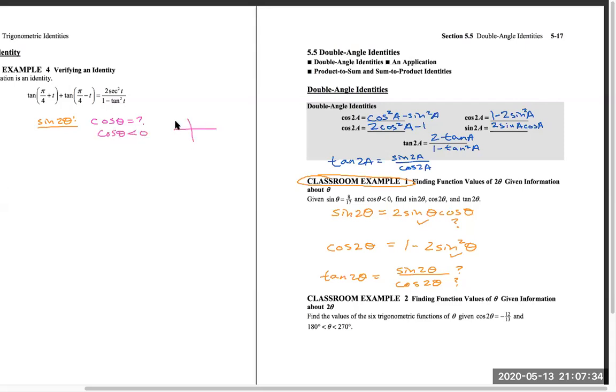So cosine theta is negative in either Q2 or Q3. The way that we figure this out, sine theta is positive. So the only place that that works is Q2.